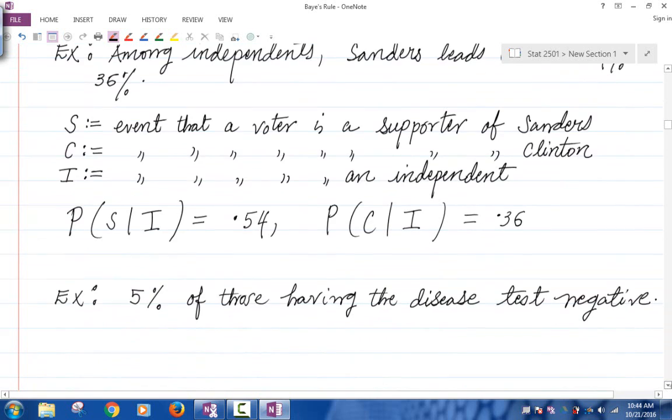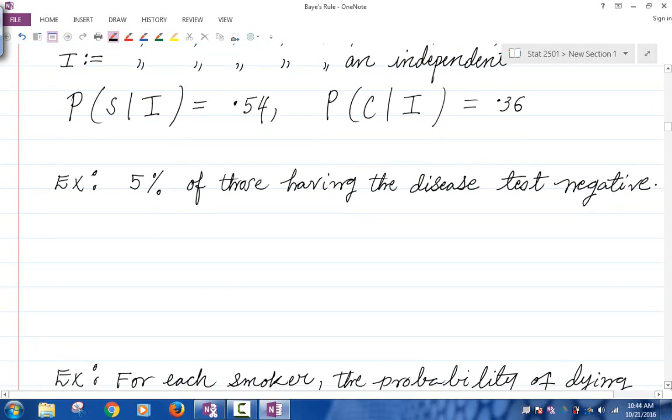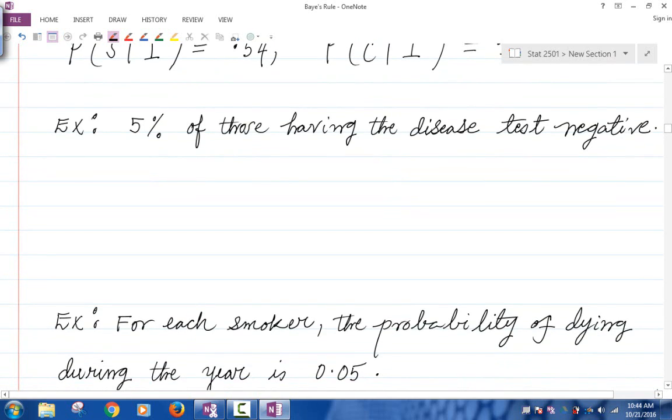All right, so let's do another one. 5% of those having the disease, whatever the disease is, test negative.